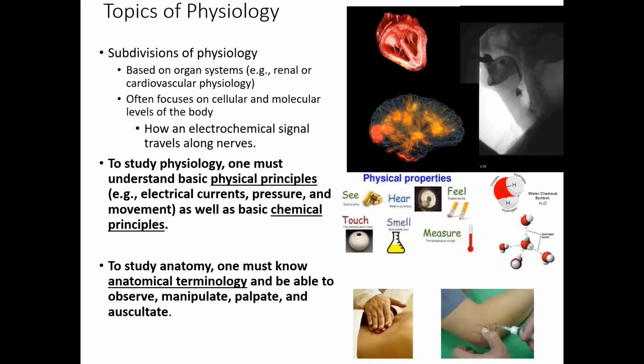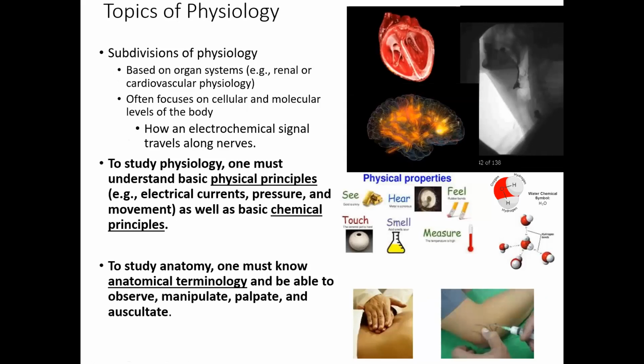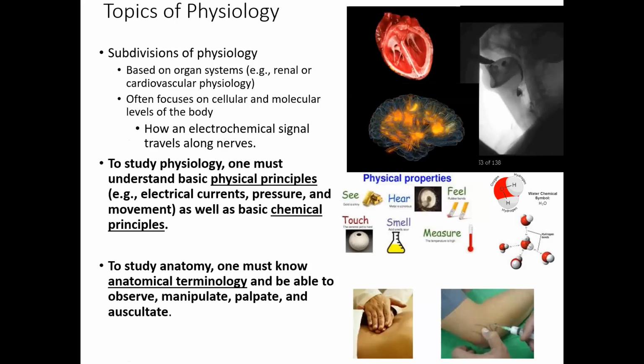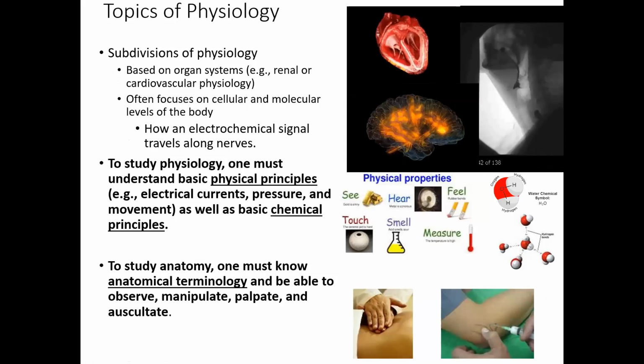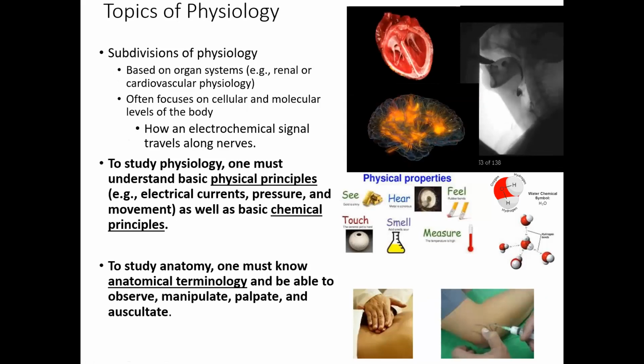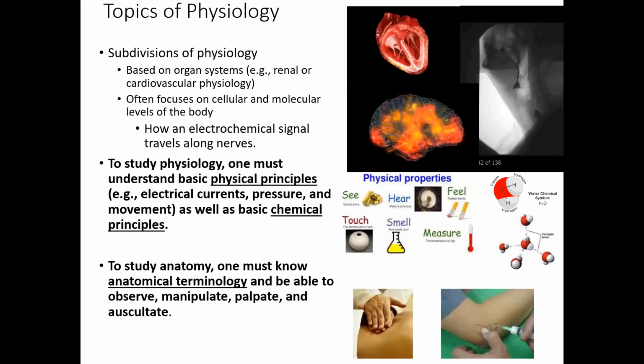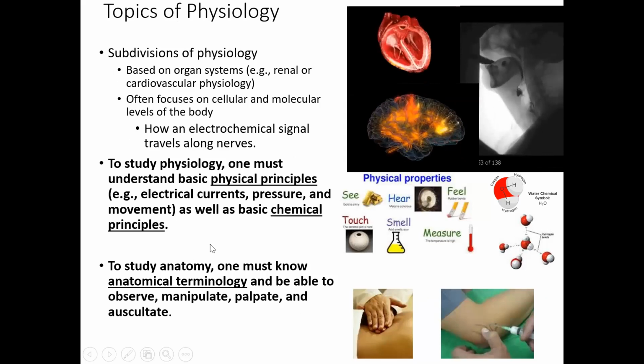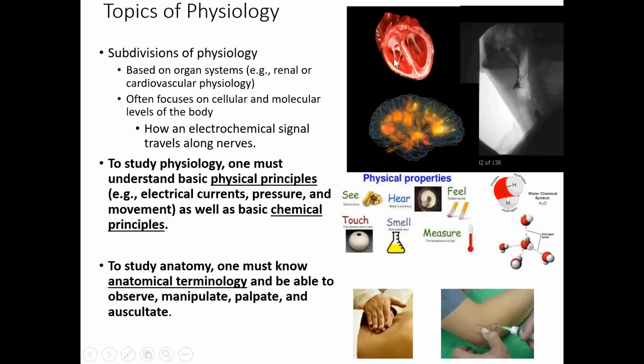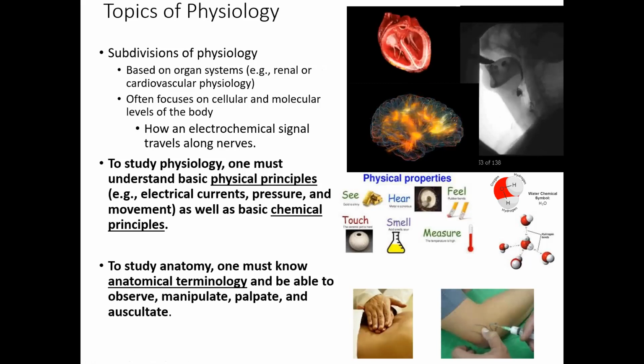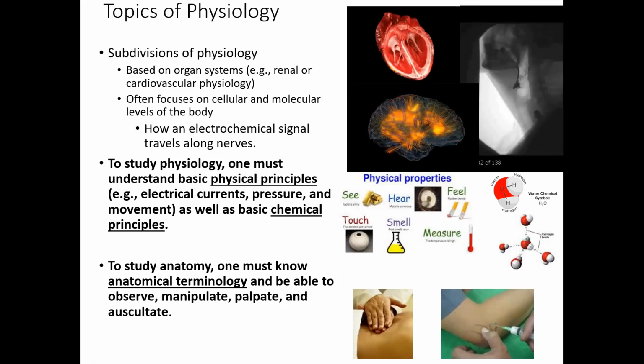Physiology is broken out by organs and organ systems, like the kidney, the heart, the liver, the lungs. We look at how we communicate to these organ systems. How do we send signals along here? And here we see the heart. Why does the heart pump? The heart beats 70 times a minute, a normal healthy heart rate, again and again and again.